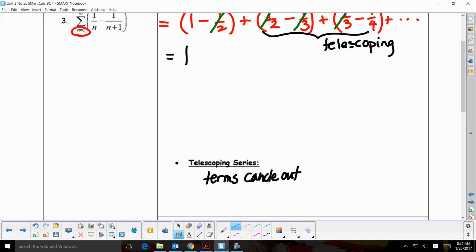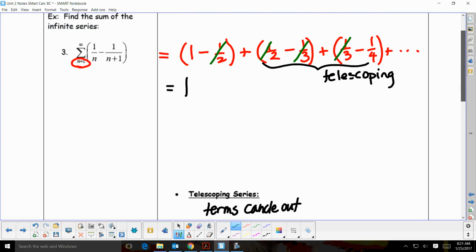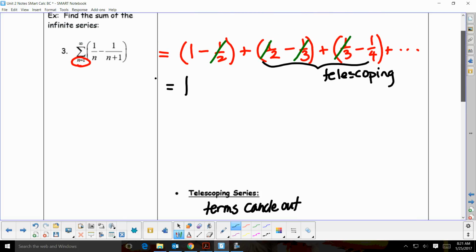Now, this is actually helping us with this nth partial sum. As I keep going forever and ever, the nth partial sum as n goes to infinity is 1. Or just go cancel.